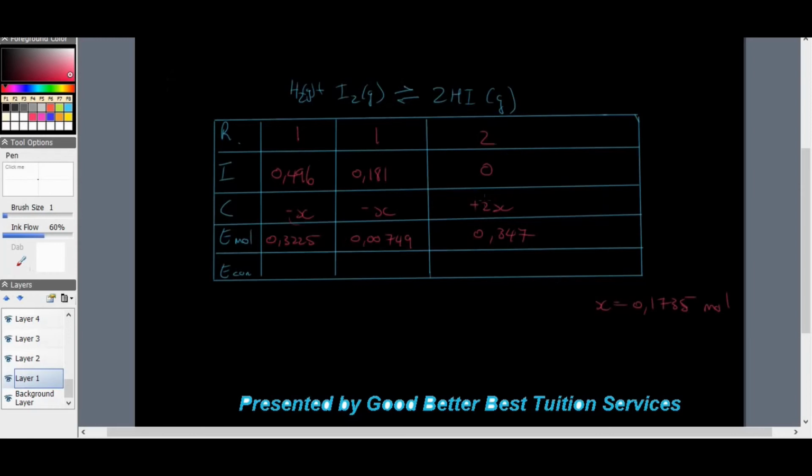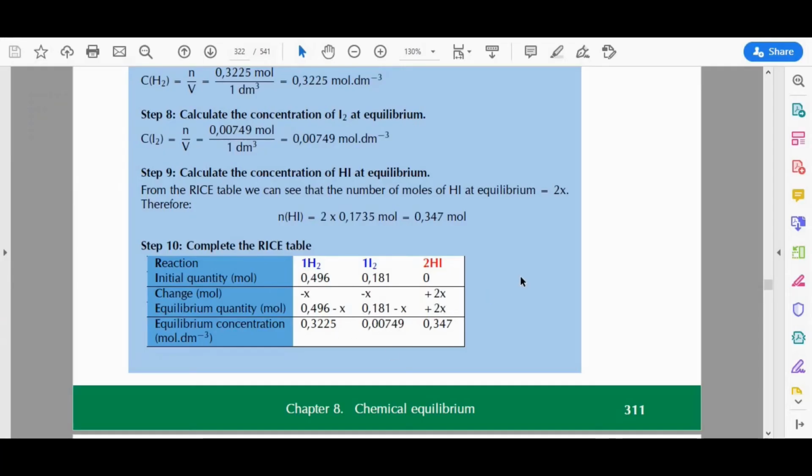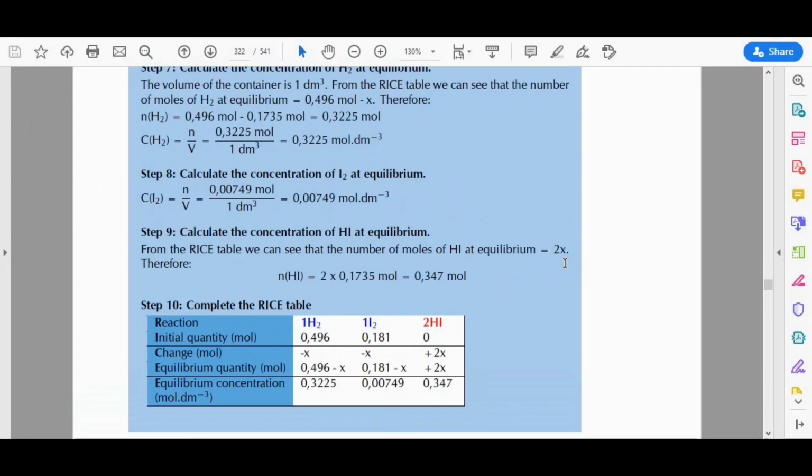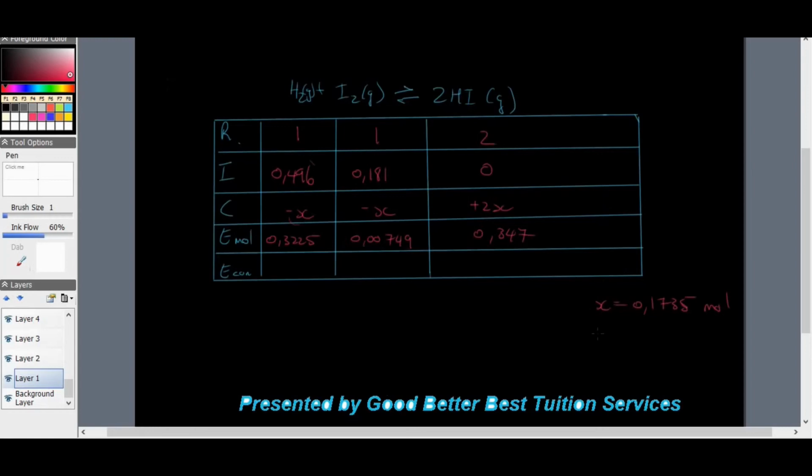That is a mistake on my part, because products always gain, reactants always get used up. There's always a gain in products and a loss in the reactants. So our values are correct for our equilibrium mole. Okay, and those will be the concentration as well, because remember the volume was equal to 1 decimeter cubed, so everything is just divided by 1, and therefore it is the same.